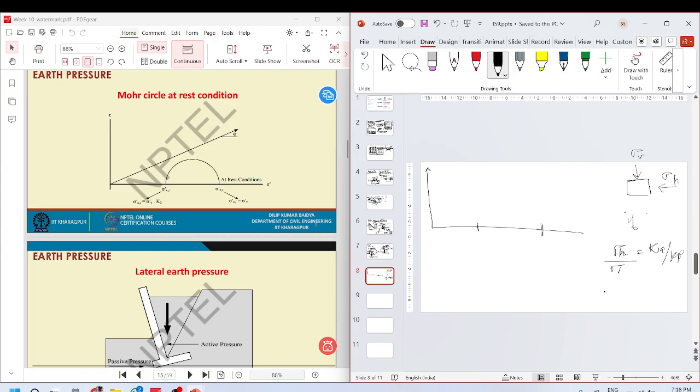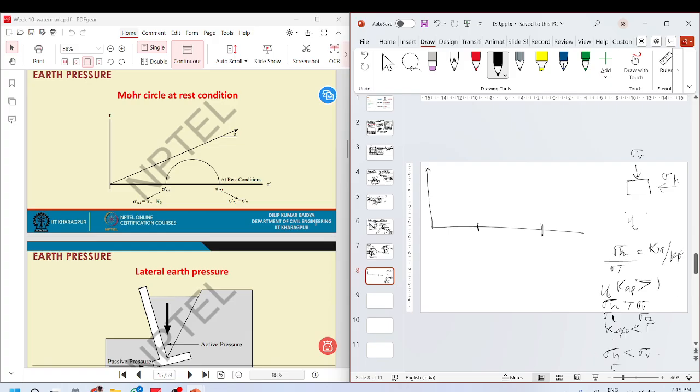You see, if K is greater than 1, you will have sigma h greater than sigma v. And if K is less than 1, sigma h will be less than sigma v, isn't it? Then your sigma h will be your sigma 1 and sigma v will be your sigma 3.